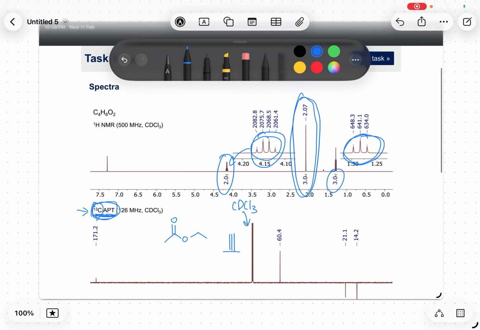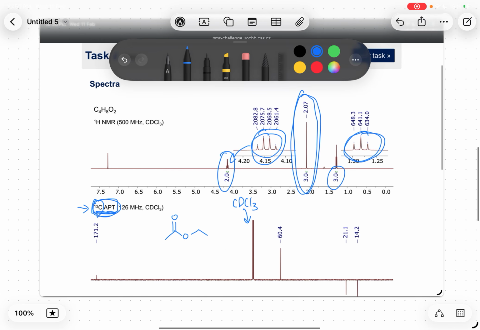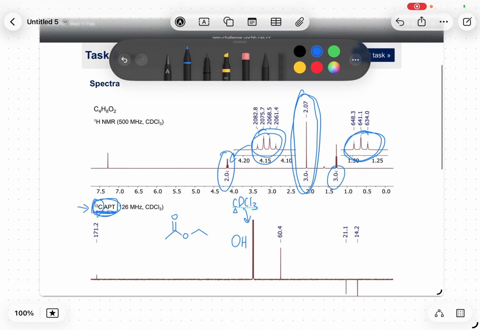Like the height is in 1:1:1 ratio, but we're not going to go into that. Just know that when you see 3 peaks of the same height inside the 13C NMR, it's usually CDCl3. So CDCl3 has 0 hydrogen attached to the carbon. So this looks like OH, but it is 0H.